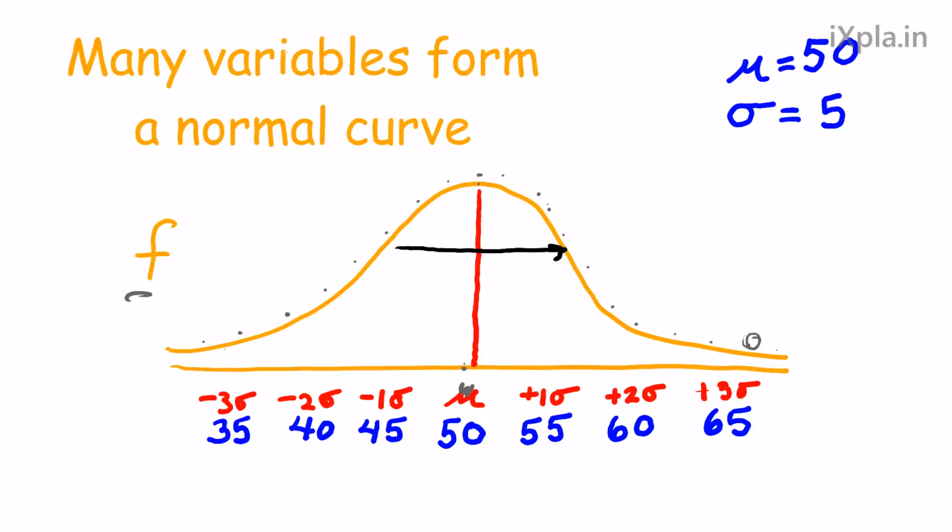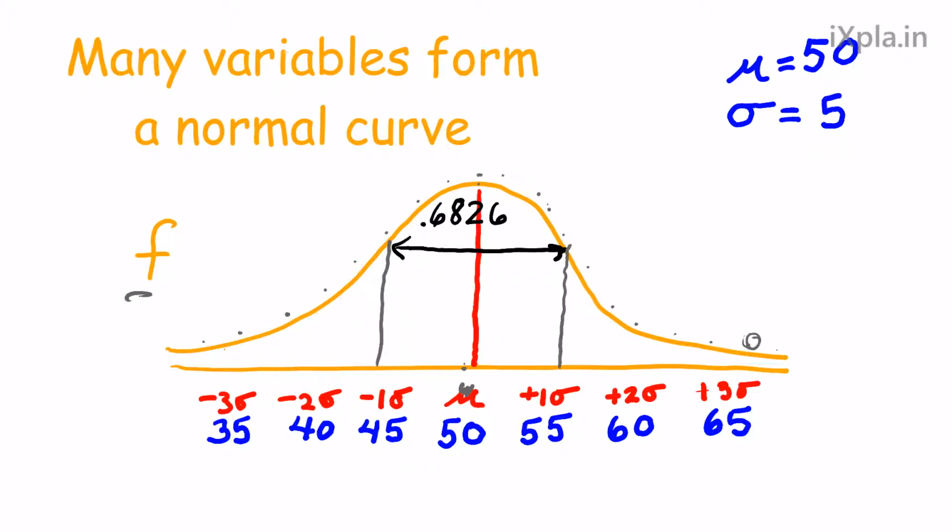Now, the normal curve has even more specific characteristics, and that is that the area under the curve between 1 standard deviation above the mean and 1 standard deviation below the mean is approximately 68% of the entire curve.